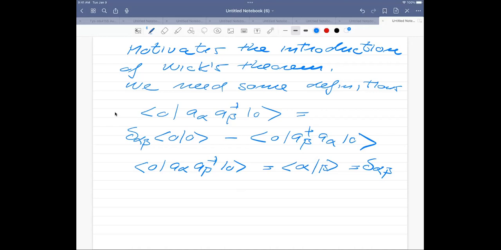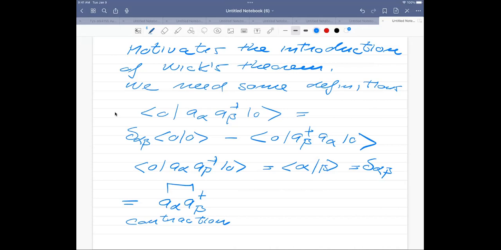So I'm going to rewrite this expression in terms of A alpha, A beta dagger, and I'm going to put a symbol on top of it, and I'm going to call this a contraction. So I'm contracting operators.